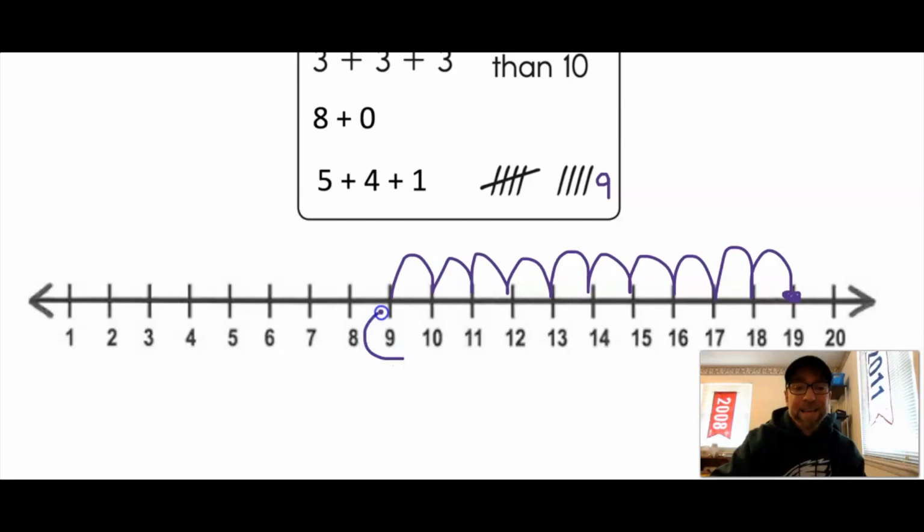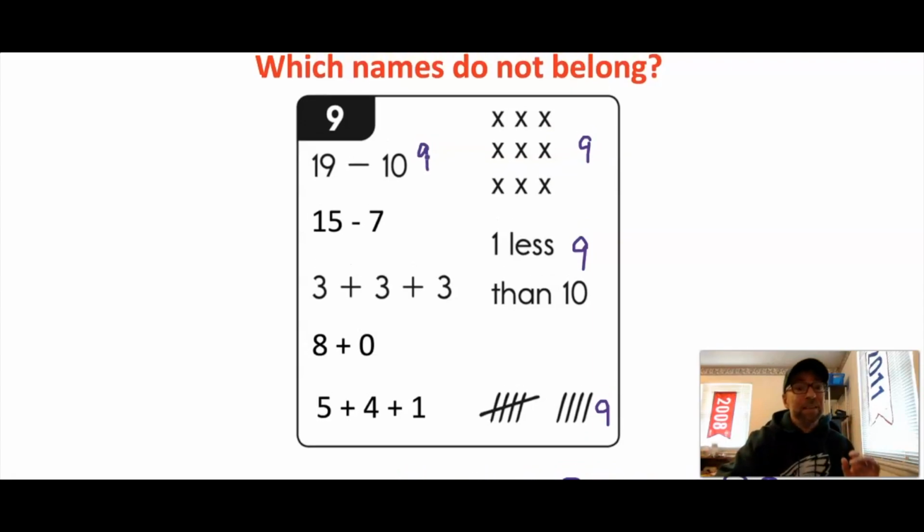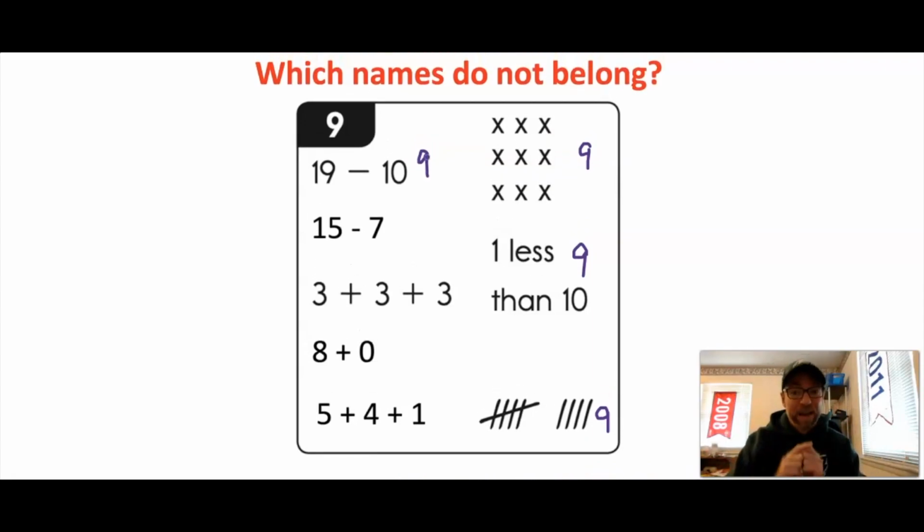Where did I land? We landed on the number 9. So I'm going to write that little 9 there because I want to find all of those names that equal 9 and the ones that do not equal 9.